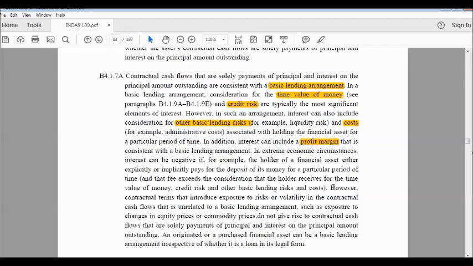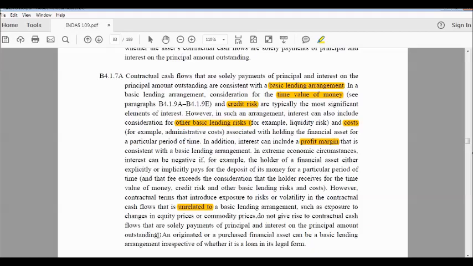Another thing it says is that contractual terms that introduce exposure to risk or volatility in the contractual cash flows that is unrelated to the basic lending arrangement, such as exposure to changes in equity price or commodity price, do not give rise to a contractual cash flow that is solely payment of principal and interest on the principal amount outstanding.